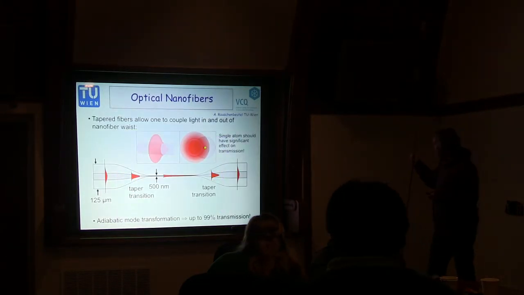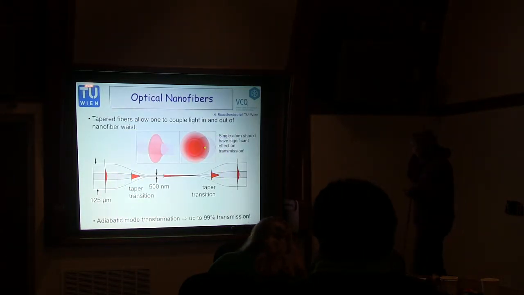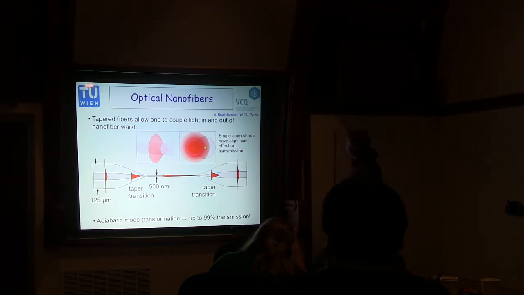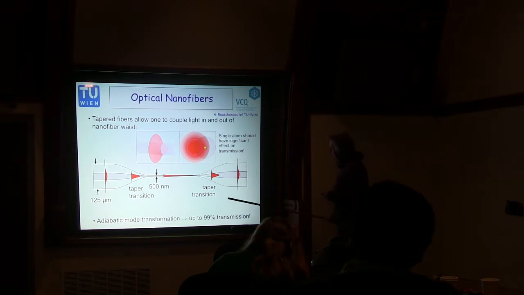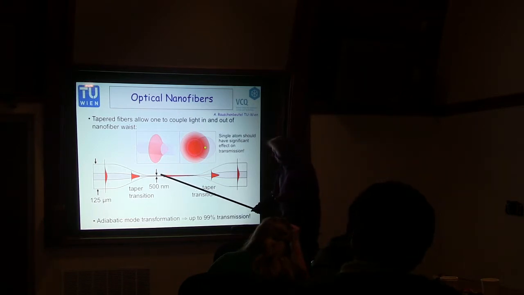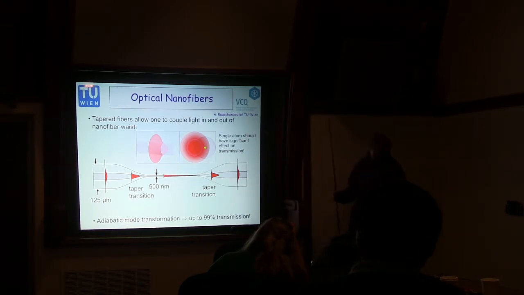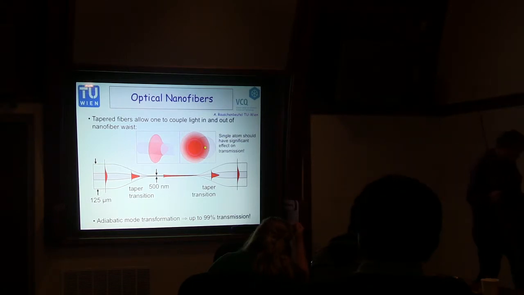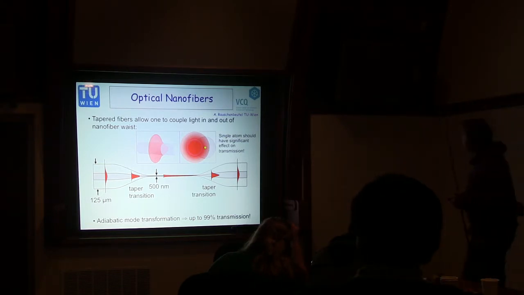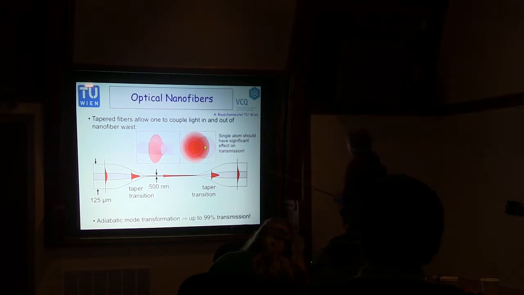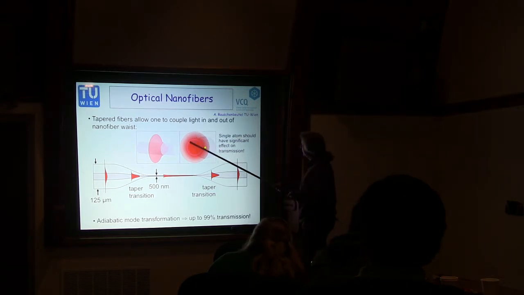I think what's much more promising is what Arnold Rauschenbeutel does, where you can get very strong interaction between the light field and the atoms when you go to extremely thin fibers, where most of the light field is outside.